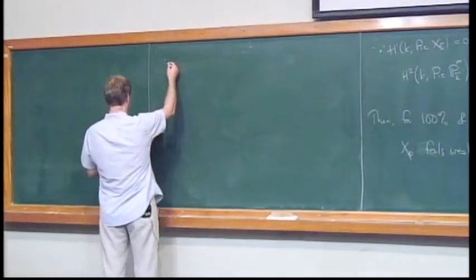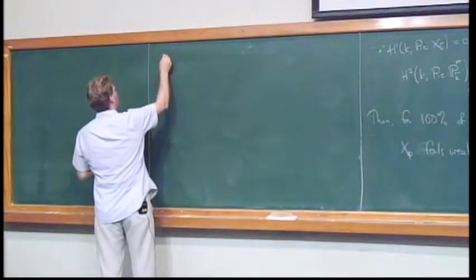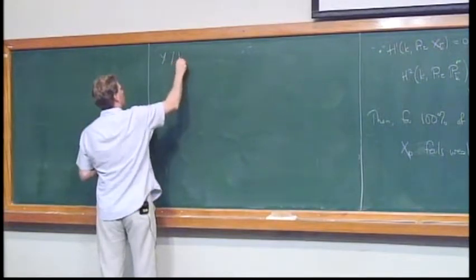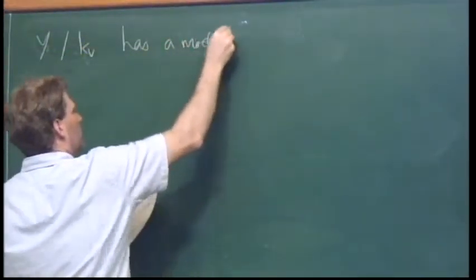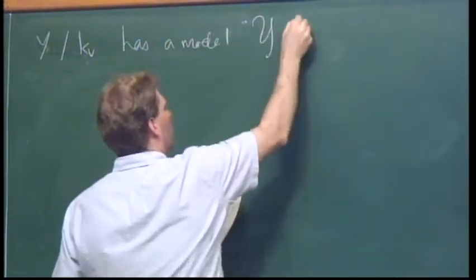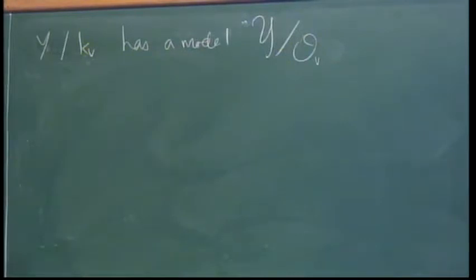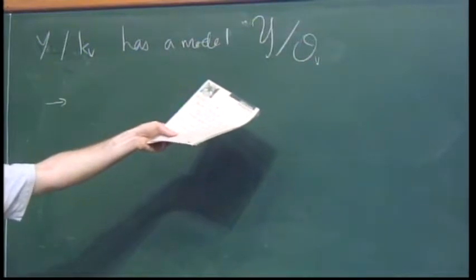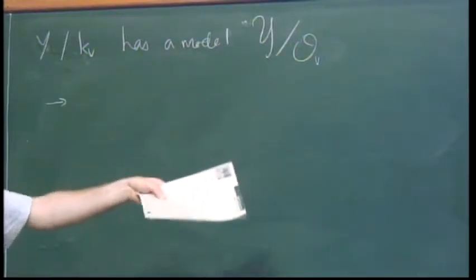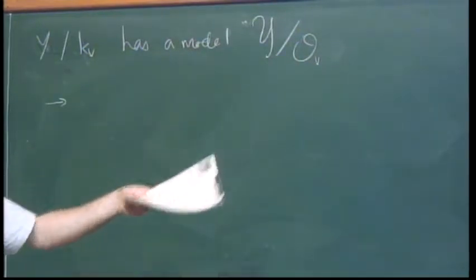So if Y over K_v has a model curly Y over O_v, say, the ring of integers in K_v, then if I assume that the special fiber here is geometrically irreducible, that's a prime divisor on curly Y, and I can apply exactly the same thing, and I get a residue.